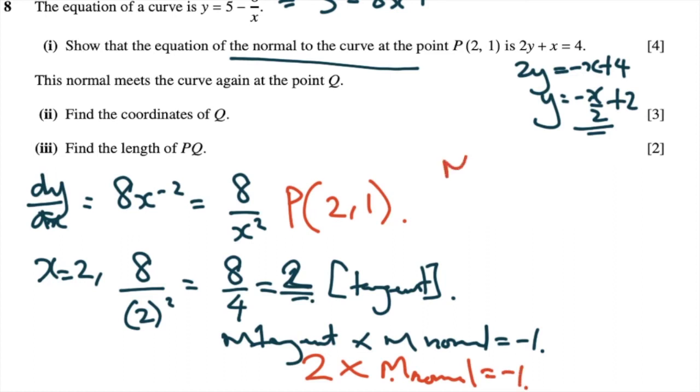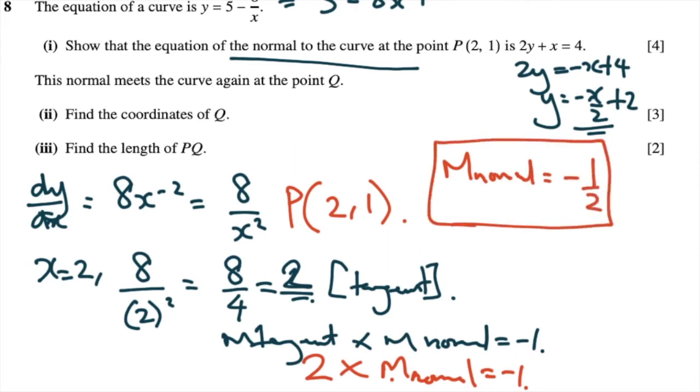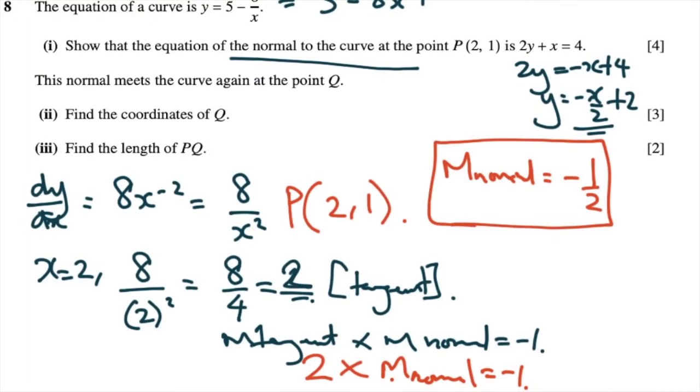So m normal, the normal gradient, equals negative 1 over 2. Now the normal gradient, I'll write it as m2, equals negative 1 over 2. So that's the normal gradient, and the coordinate of P is (2, 1).